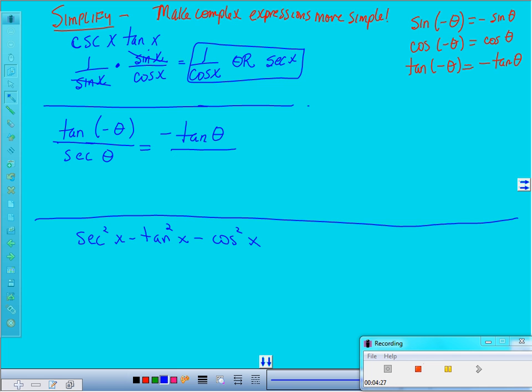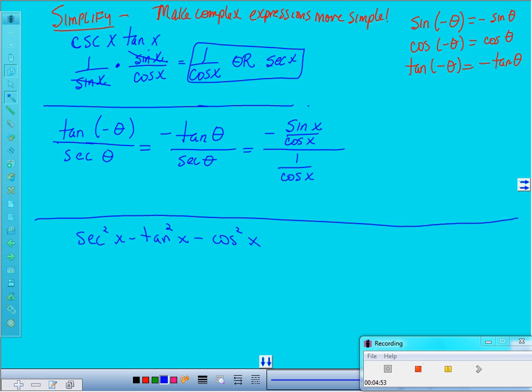Now, once I have that done, I need to change everything into sines and cosines. So you start asking yourself, what do I know about tangent? Well, yes, by number 4, tangent is sine over cosine. And if I do secant, I know secant is 1 over cosine, using number 2.